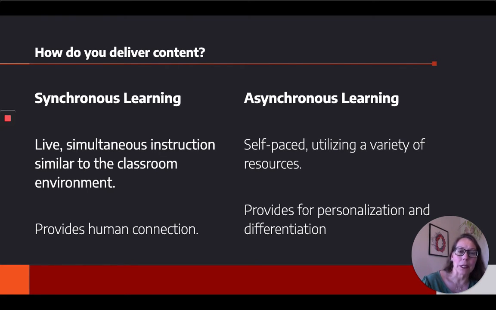Asynchronous learning is self-paced and utilizes a variety of resources. It also allows for personalization and differentiation. Through asynchronous learning, teachers can push out resources, readings, recommendations of videos, uploaded recordings of their own lectures, and then students can work at their own pace and go through those activities and tasks and submit them in a way that's comfortable for them.